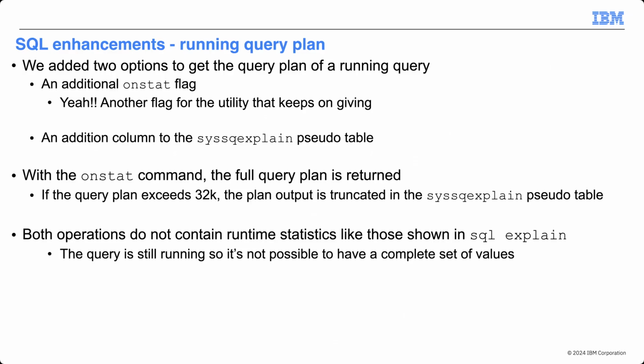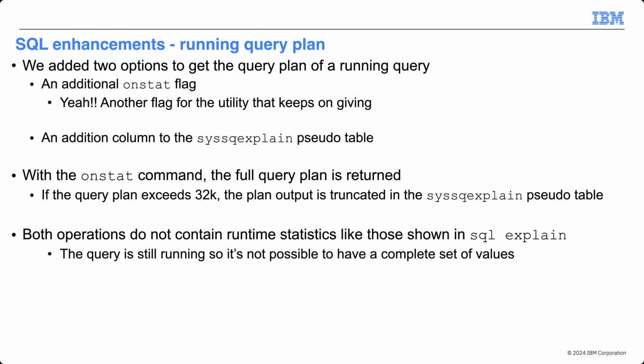Yes, there is. With the onstat flag, you will get the full query plan, regardless of how large it is. If you use the sysexplain pseudo table, you will only get about 32K of the query plan. Why? Because the row length for any row in Informix right now is still 32K.